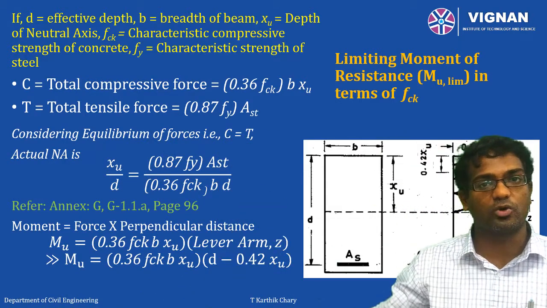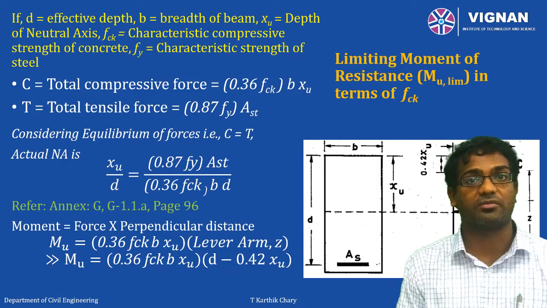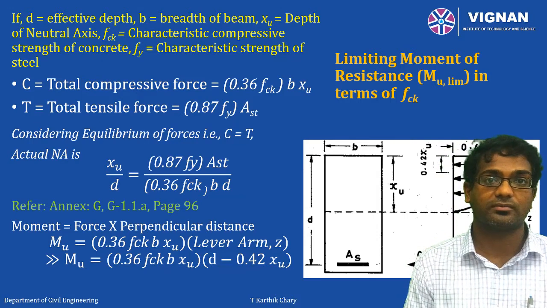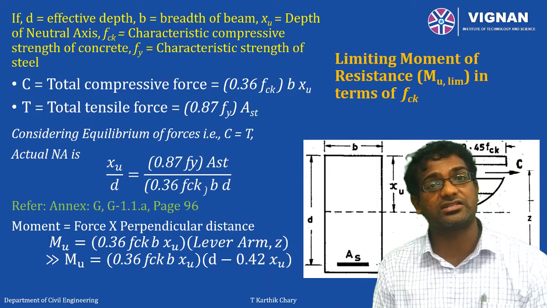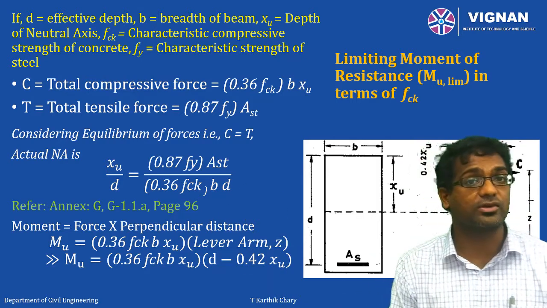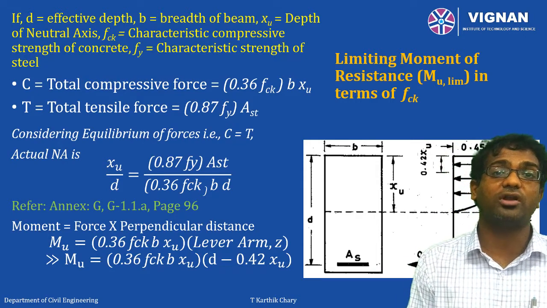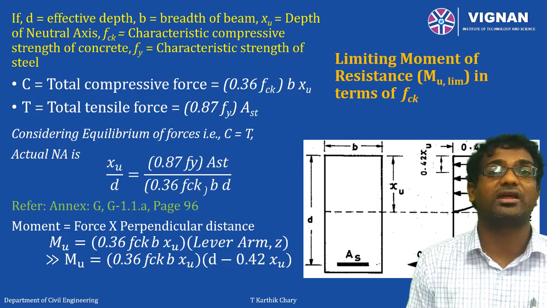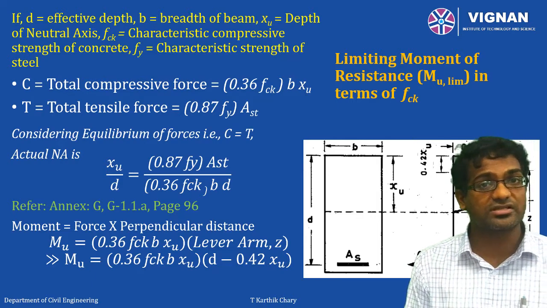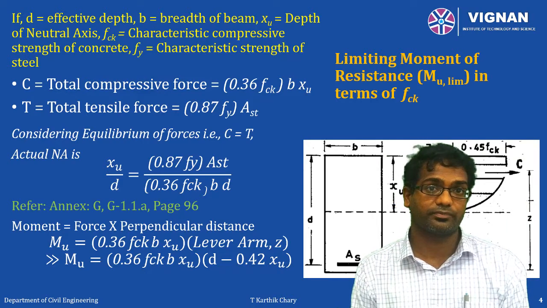The tensile force is at a distance of d from the extreme top height, and the compressive force is at a distance of 0.42 xu. So if you deduct 0.42 xu from d, then you will get the distance between these two forces, which is nothing but our lever arm.